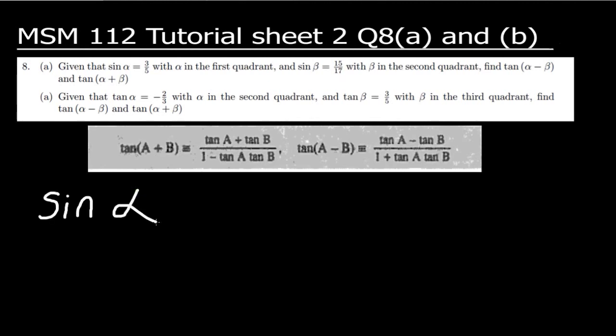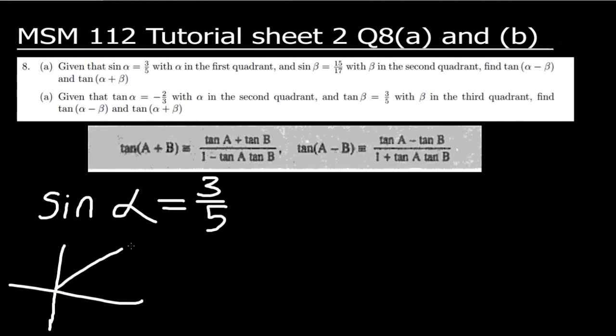Sine alpha is equal to 3 over 5, and again they are telling us that this alpha is in the first quadrant. What this means, when you have the quadrants like this, sorry for drawing in pen, is that the angle alpha is in the first quadrant.